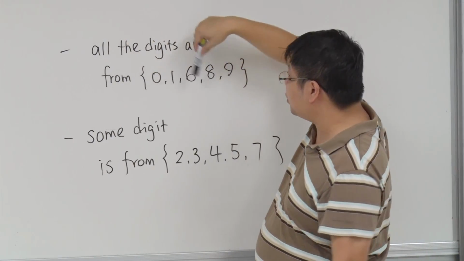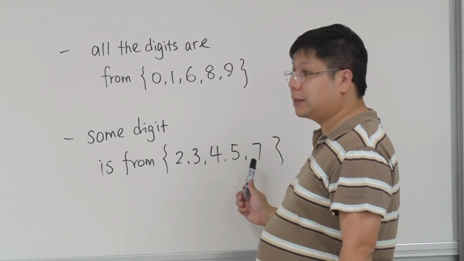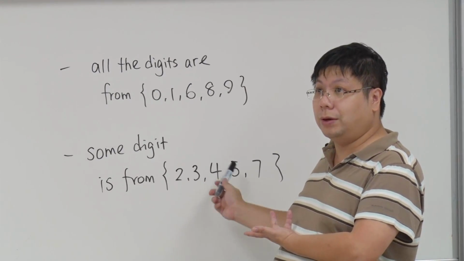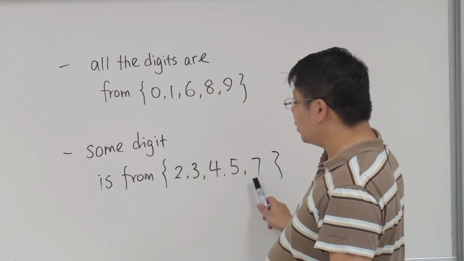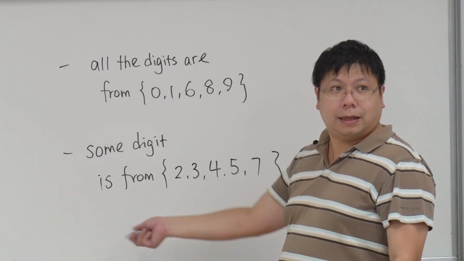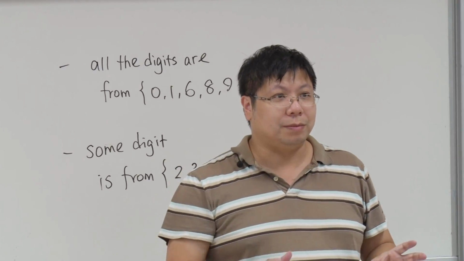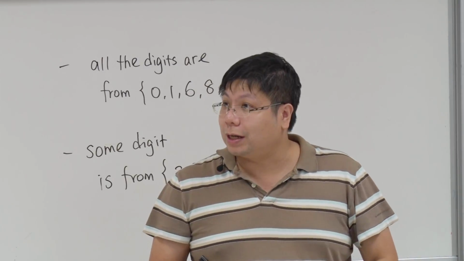Either you have all the digits chosen from this set, or if it is not this case, then some of the digit must be a 2 or a 3 or a 7 or 4 or 5, right? Okay, by default, any plate that contains a 2, 3, 4, 5, 7, you can read it without any problem. So it is going to be invariant, even after the rotation.